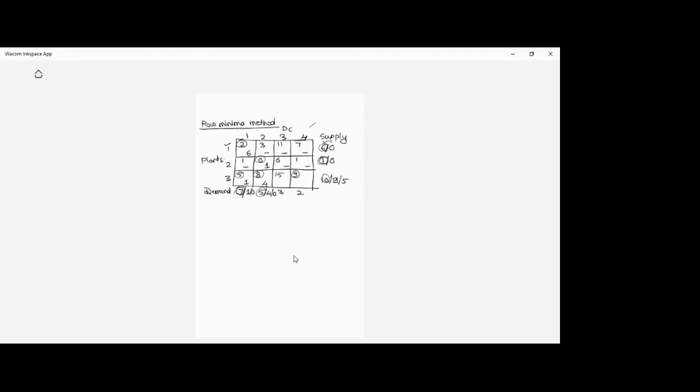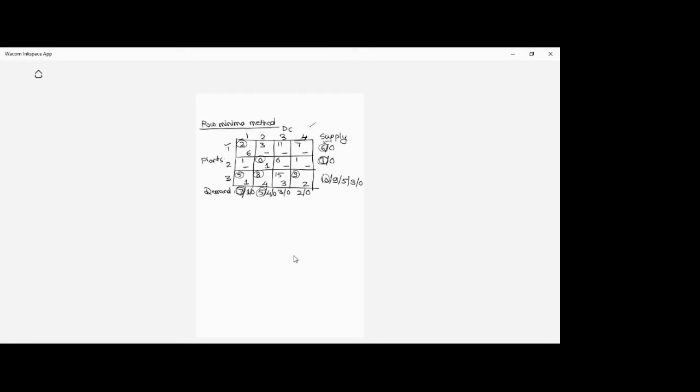But if I put 5 here, the demand constraint will get violated, so I will have to put the value 2 here, and the demand gets exhausted. I'm remaining with 3 million liters of milk, which I can put in the pending cell, which is the cell with the unit cost 15, and this particularly finishes your numerical.